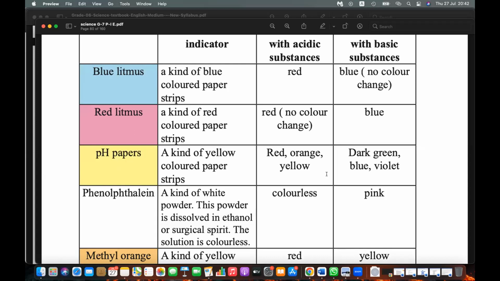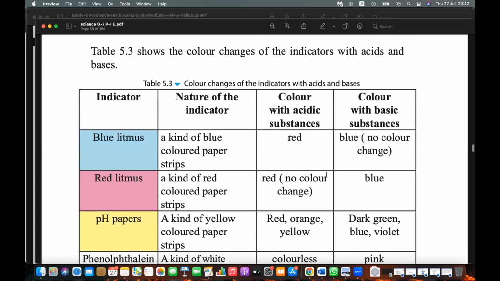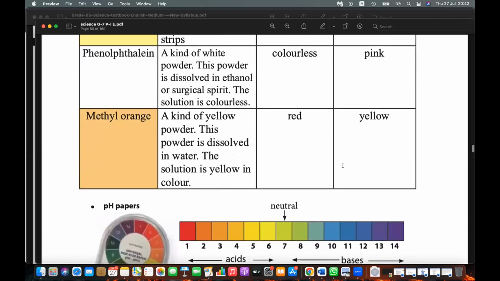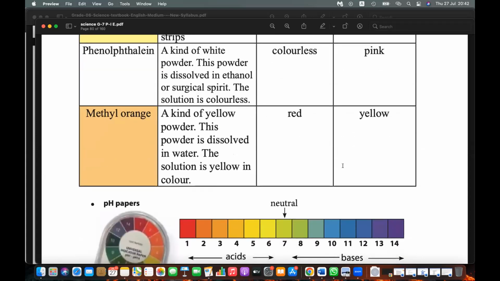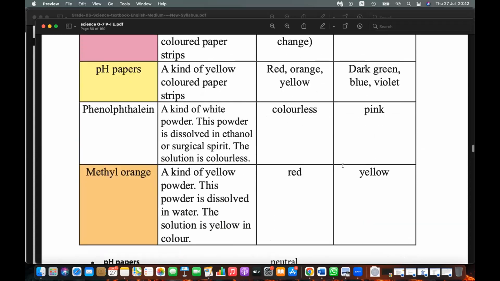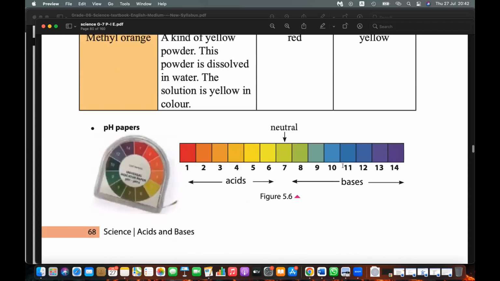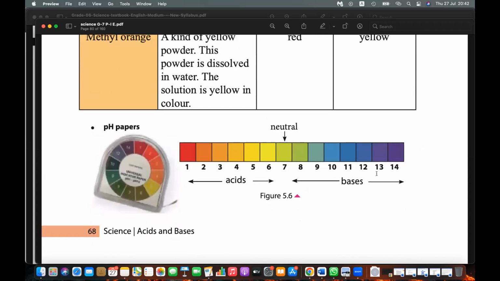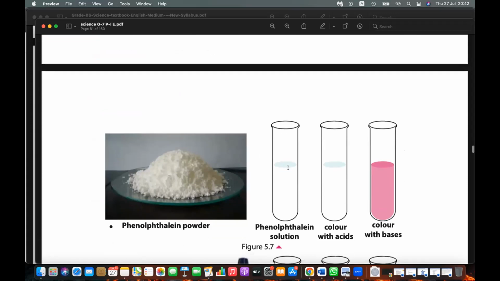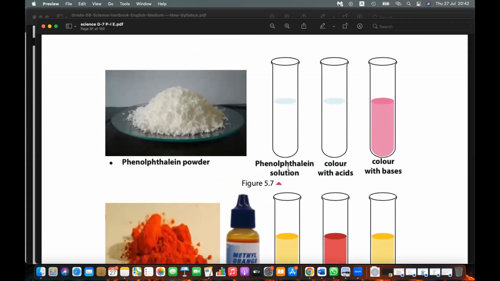Methyl orange is red in acids and yellow in bases. Likewise, here these are the pH papers. You can see the pH level. Here purple comes when the base is strong, red comes when the acid is strong, and green comes when it is neutral. So these are the indicator colors that you need to remember.